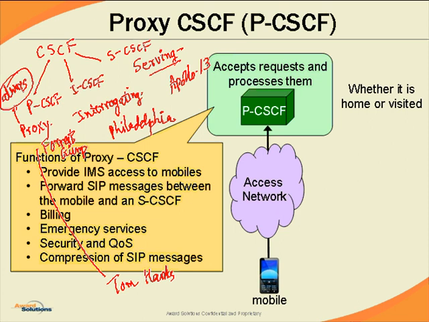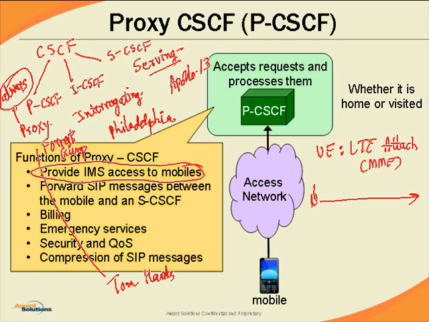So proxy, as we mentioned, is the first point of contact of UE with the IMS network. When the UE does the attach operation with LTE, for example, UE sends a power-up message, after some time an attach request.